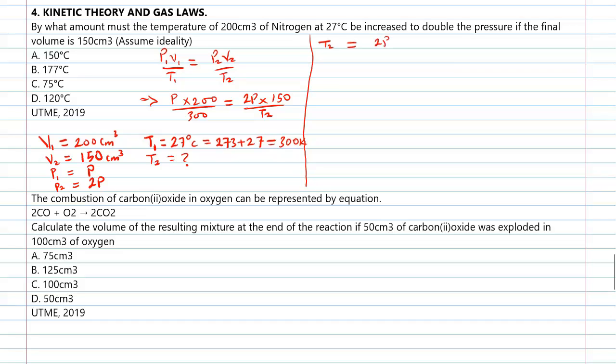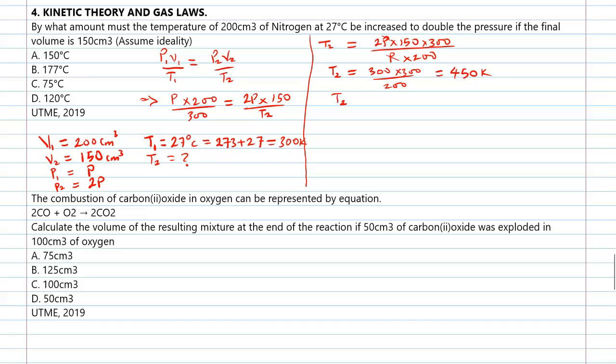This will give us 2P times 150 times 300 divided by P times 200. P will cancel out the other P, and T2 will be 300 times 300 divided by 200. This will be equal to 450 Kelvin.